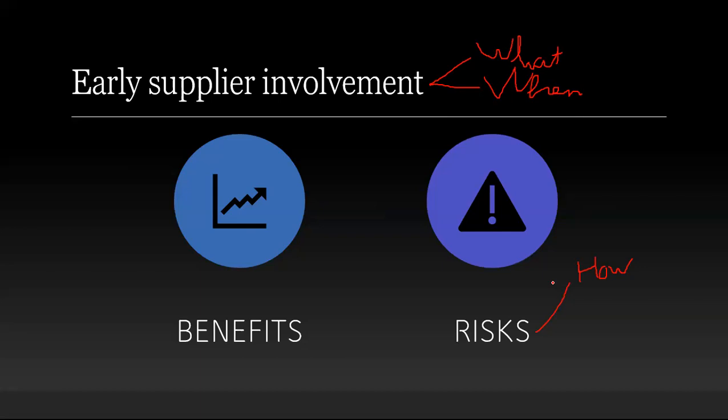We can ask the supplier to sign non-disclosure agreement. And only select the well-performed and trusted supplier. We only select the supplier with very good ethical background. That's how we can manage the risk regarding intellectual property.